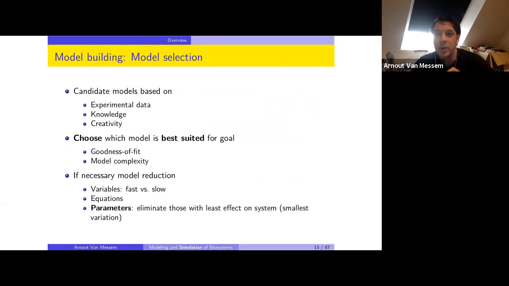It doesn't seem a lot of people are joining, so we'll do it like this. So the question was on this slide where we have the model selection.